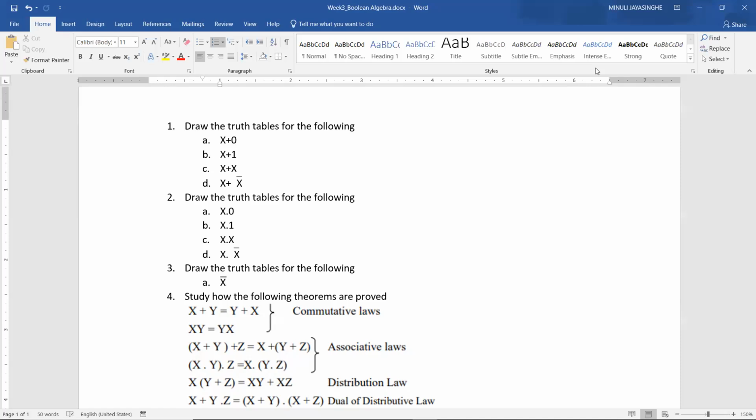Rather than creating a really big circuit, if we can achieve the same task with the help of a smaller simplified circuit, it is worth designing the simplified version. Because we have fewer components and we can achieve the same task, same output. Therefore, we should be able to simplify some of the circuits. To do that, we need these kinds of laws and theorems.